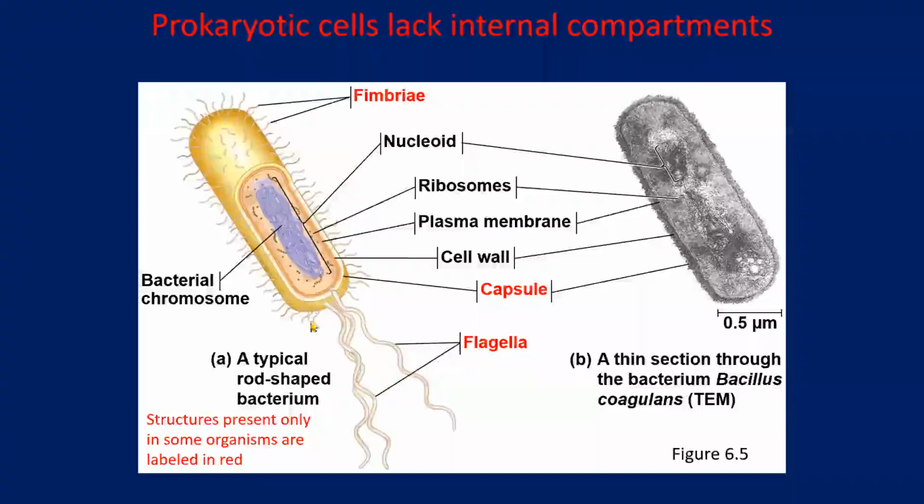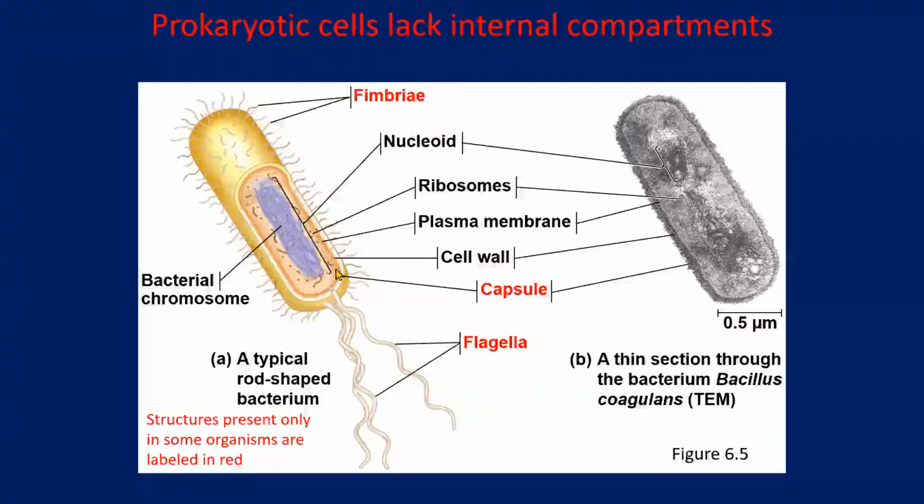But apart from that, we can see over here there is a cell wall, and the cell wall is a rigid structure outside the plasma membrane. Inside is the plasma membrane, and the plasma membrane encloses the cytoplasm. The cytoplasm is everything inside of the cell.